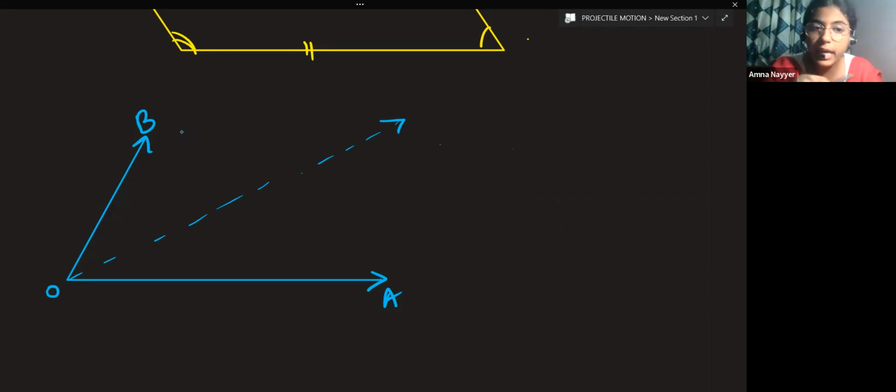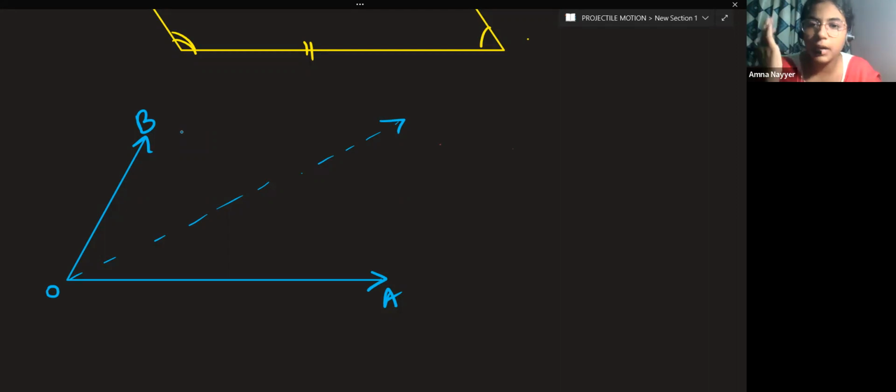So if OA, OB are the adjacent sides of a parallelogram, then their resultant is given by what? The diagonal of the parallelogram. Remember, this was the diagonal only, before erasing it.